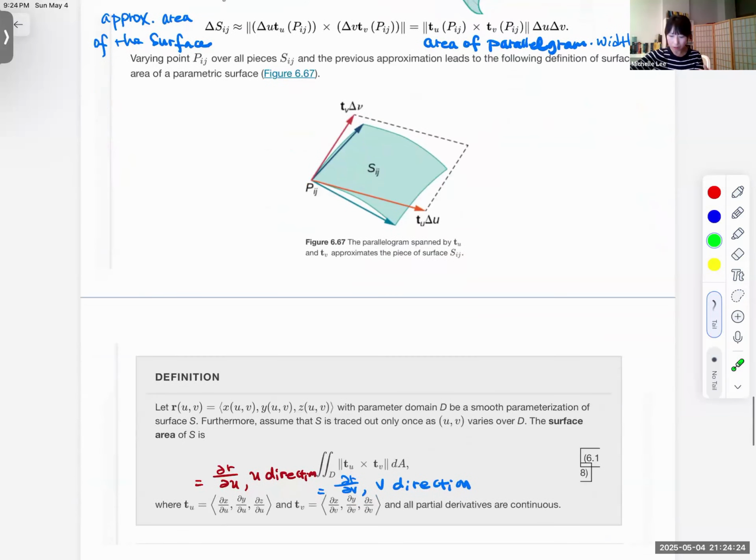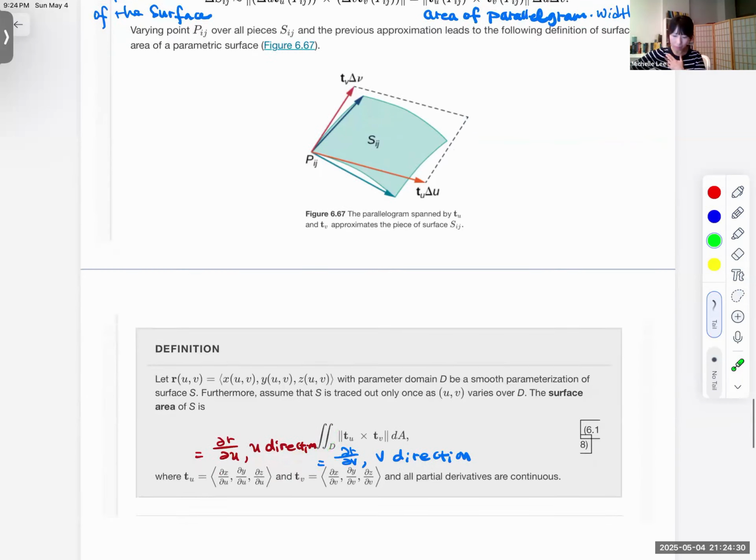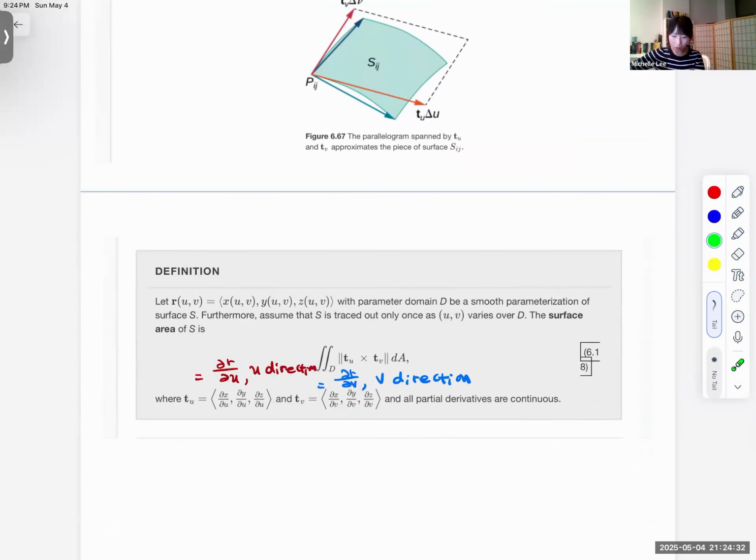Take a look. So we have a double integral, which means area, right? So we are using the magnitude of the partial derivative with respect to u for the tangent vector, and the partial derivative with respect to v for the tangent vector, right?